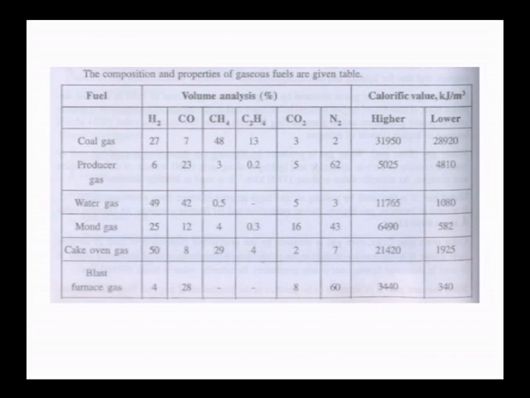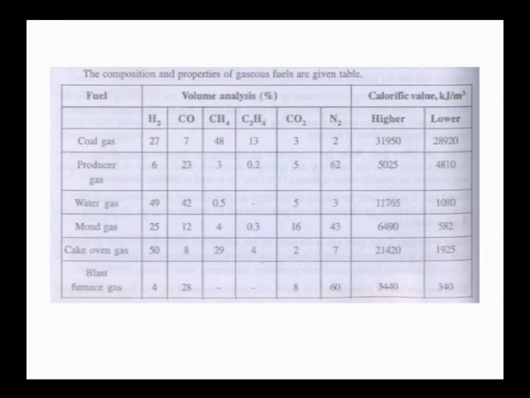So, we will move on to the composition and properties of gaseous fuels. So, these are the different gaseous fuels which are prepared from the natural fuels: coal gas, producer gas, water gas, mond gas, coke oven gas, blast furnace gas. These are the different kinds of gases. Generally we are using it for various purposes.